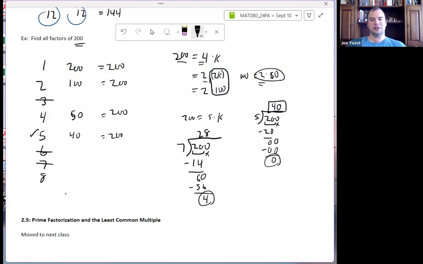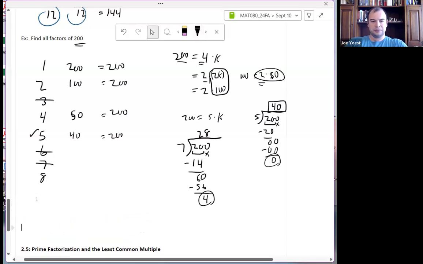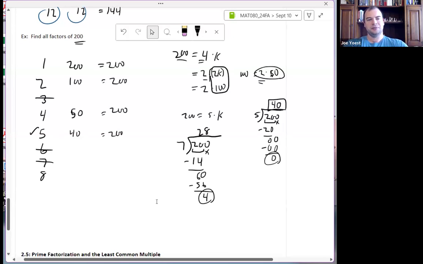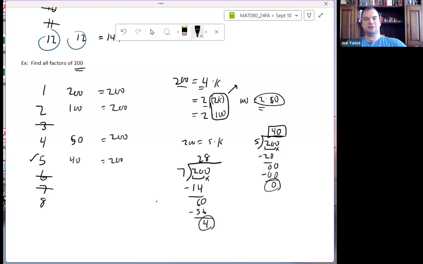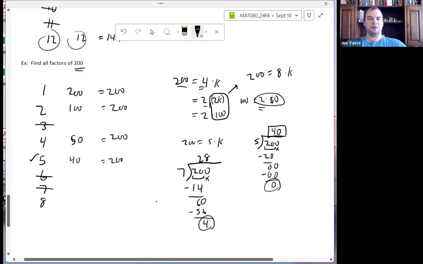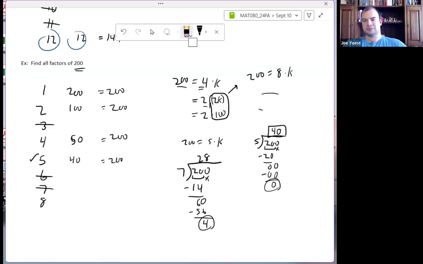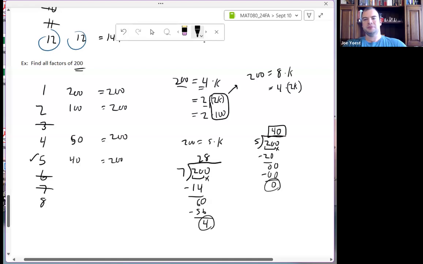Is 8 a factor of 200? Well, let's check. I could leverage what I've done up here. If 8 is a factor of 200, I have to have 200 equals 8k. But this would mean 200 is 4 times 2k. And I know 200 is divisible by 4. 200 is 4 times 50.